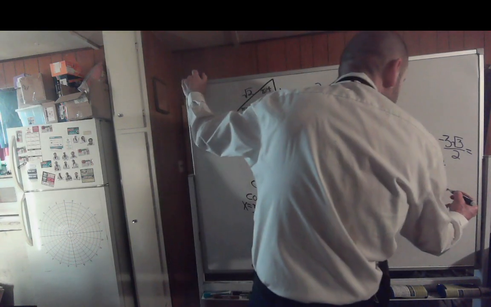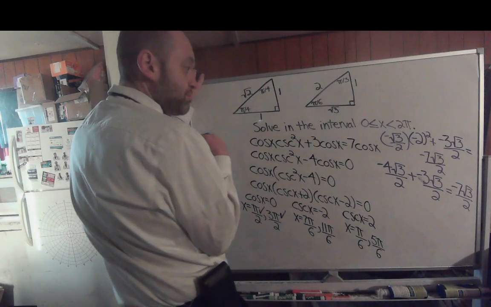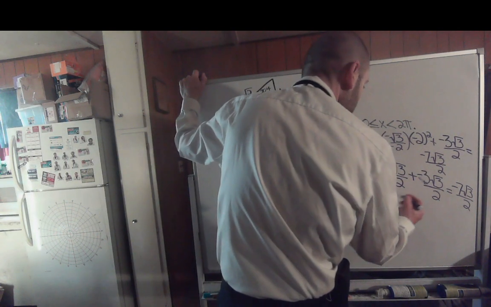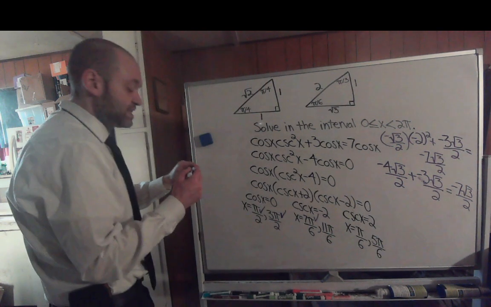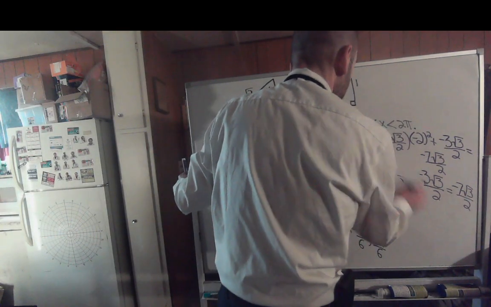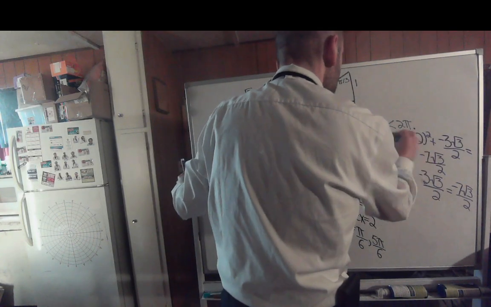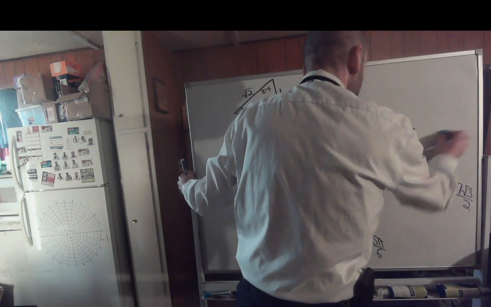Would that in fact equal negative 7 times the square root of 3 over 2? Well, as a matter of fact, it would. You get that the left side equals the right, so 7 pi over 6 checks out, but does 11 pi over 6? This is where it could get interesting, where all 6 solutions may or may not hold up. It's really going to depend.